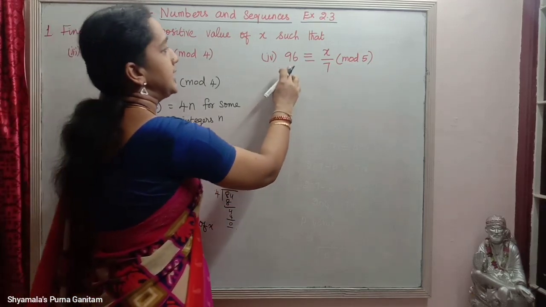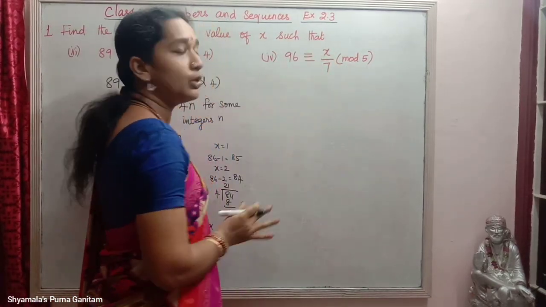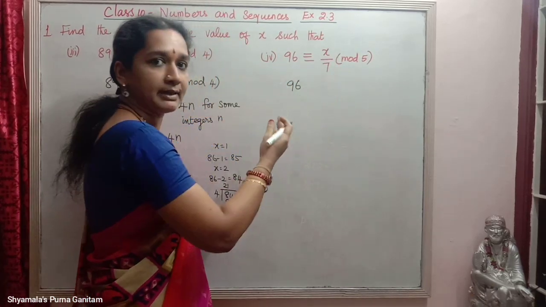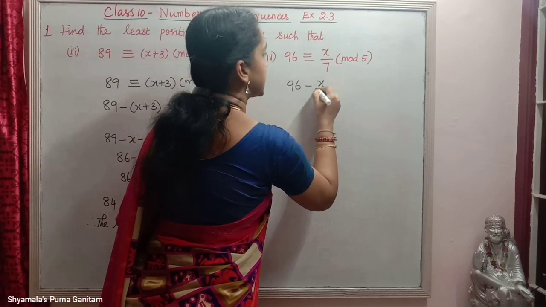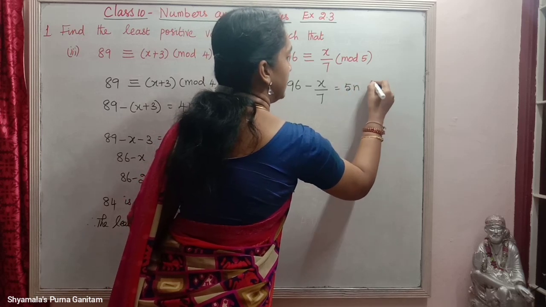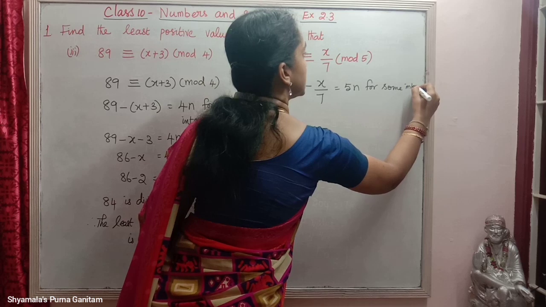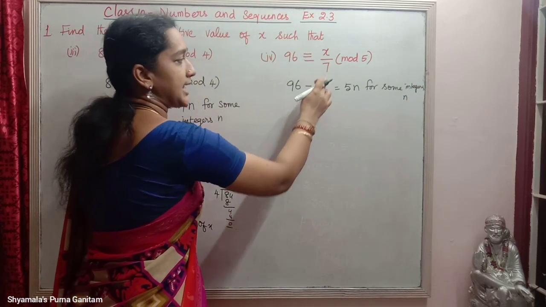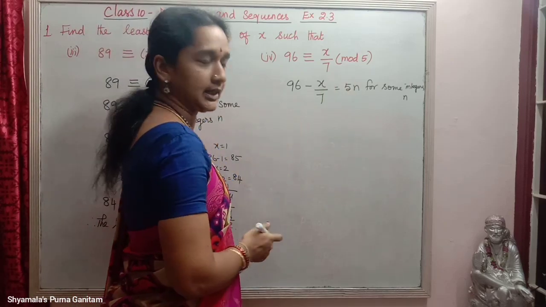The fourth one is 96 congruent to x by 7 modulo 5. In this, I am bringing x by 7 to the left side. So 96 minus x by 7 is equal to 5n for some integer n.